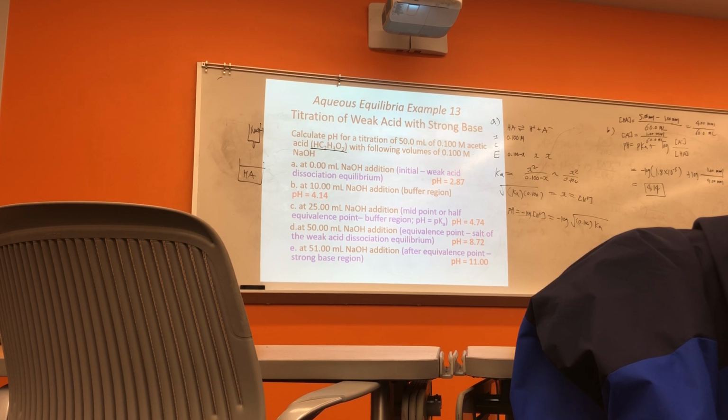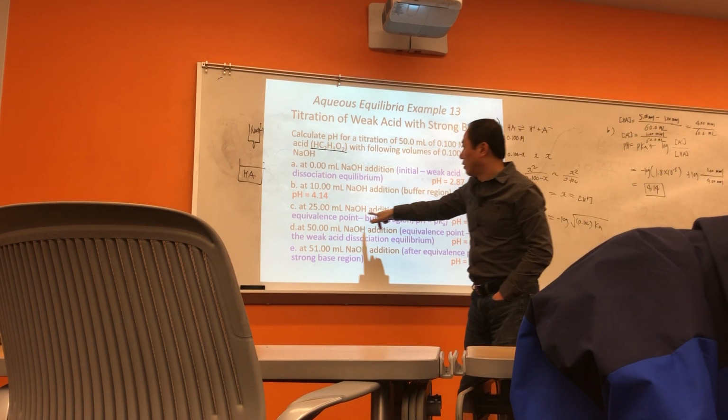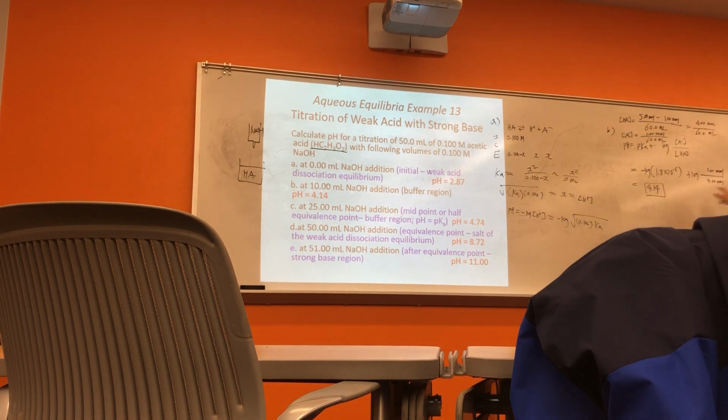So you know that the initial amount is 5.00 millimole, but when you recognize the hydroxide amount is 25 milliliter, you realize that it will be half of what you have. So half of that will be neutralized and turn into conjugate base, but you're still going to have the remaining half, 2.5 millimole of HA.